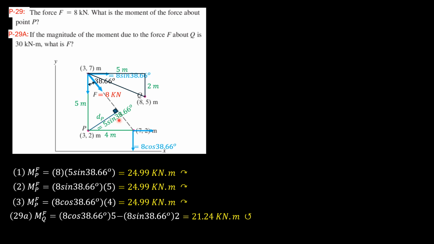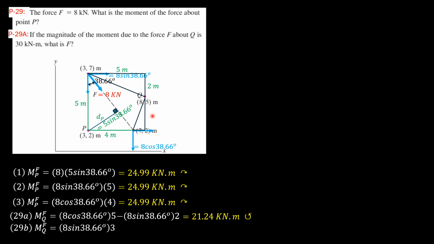For the second solution, I'll construct a right triangle between 7, 2 and Q as shown in this figure here. And the vertical distance is 5 minus 2, so 3. Horizontal distance 8 minus 7, 1 in this triangle.